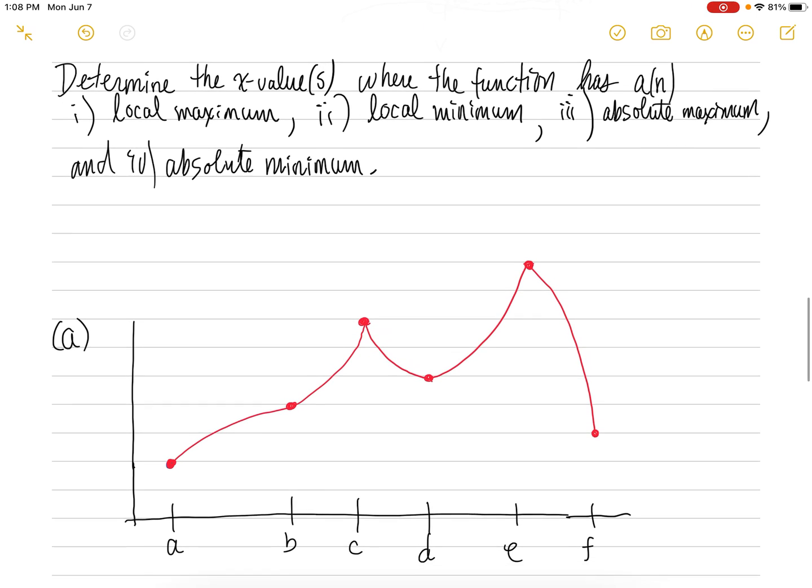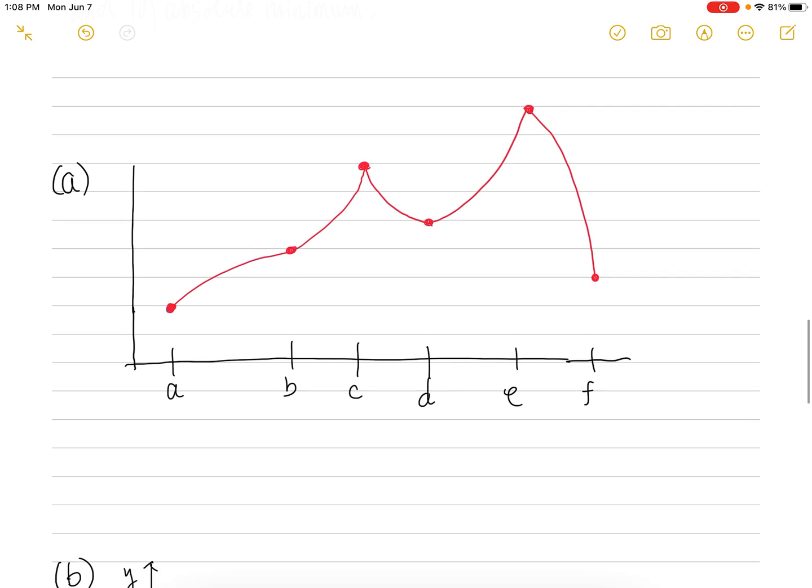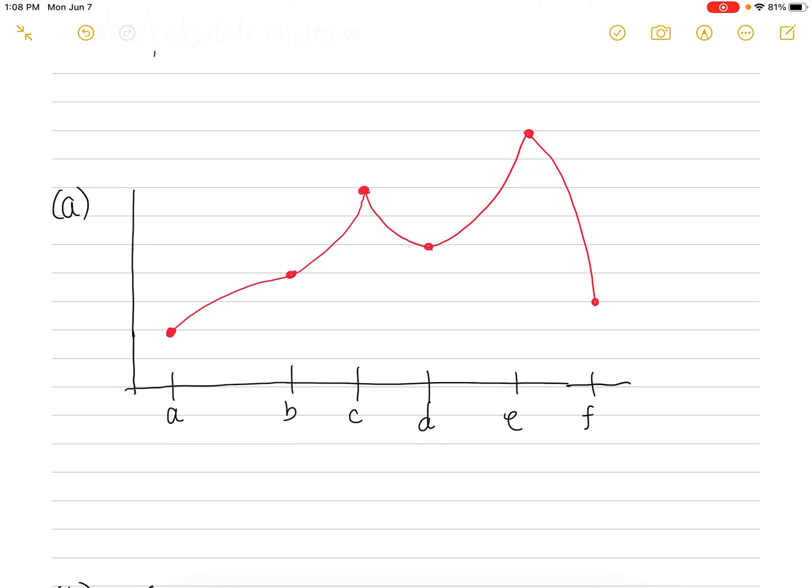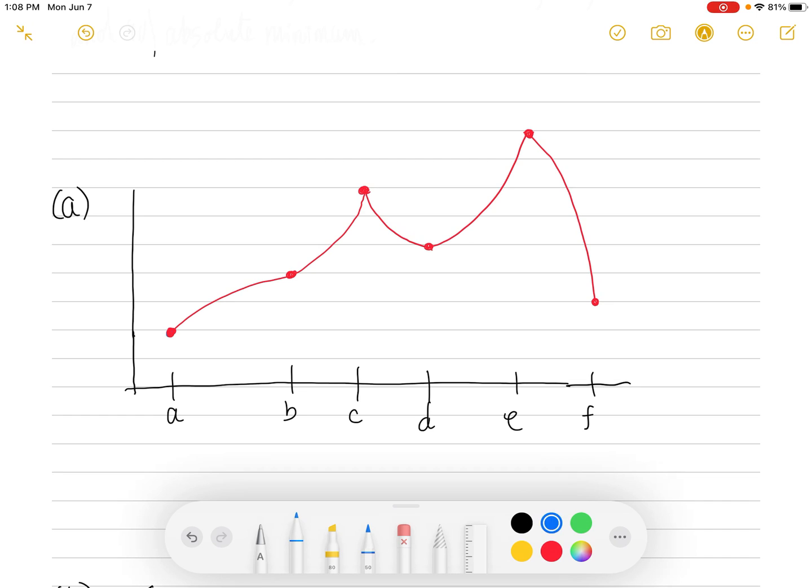Okay. Where does a function have a local max, local min, absolute max, absolute min? So we're going to start here. We're going to do local max. Does f have any local maxes? Yeah, right, there's going to be a high place here.